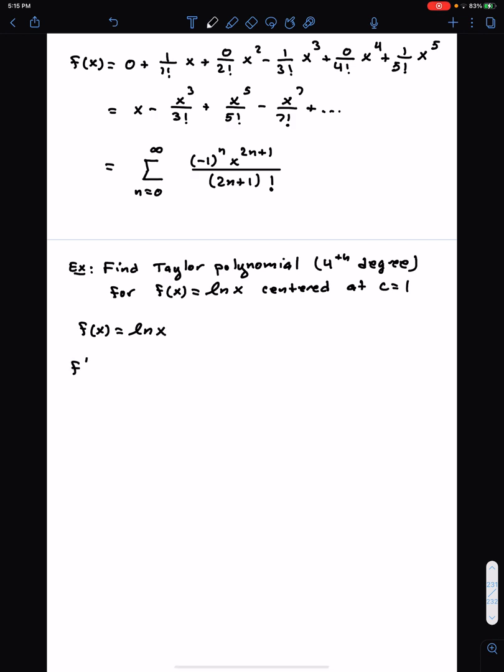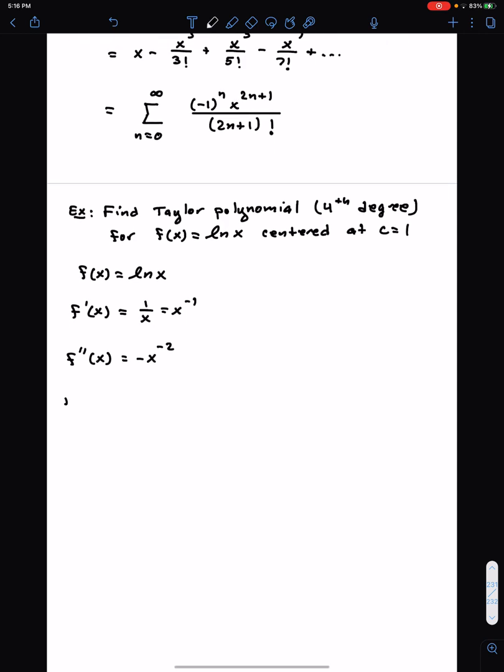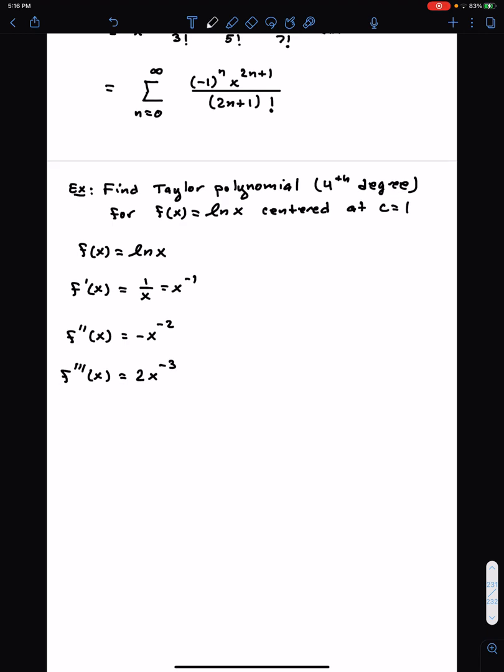The first derivative is 1 over x, which can be written as x to the negative 1. The second derivative is negative x to the negative 2 power. The third derivative is 2x to the negative 3.